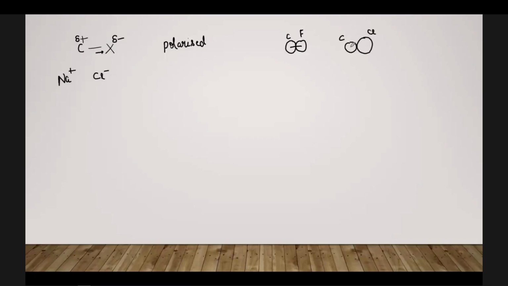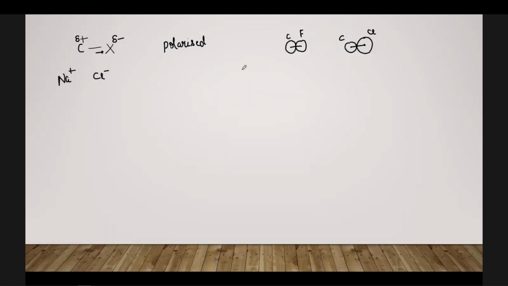You can check from the periodic table that the size of chlorine is more. So you can clearly see that as the radius of the halogen atom increases, this जो distance है between the centers of both the atoms, ये भी बढ़ जाएगा, and that results in the increase of the bond length.